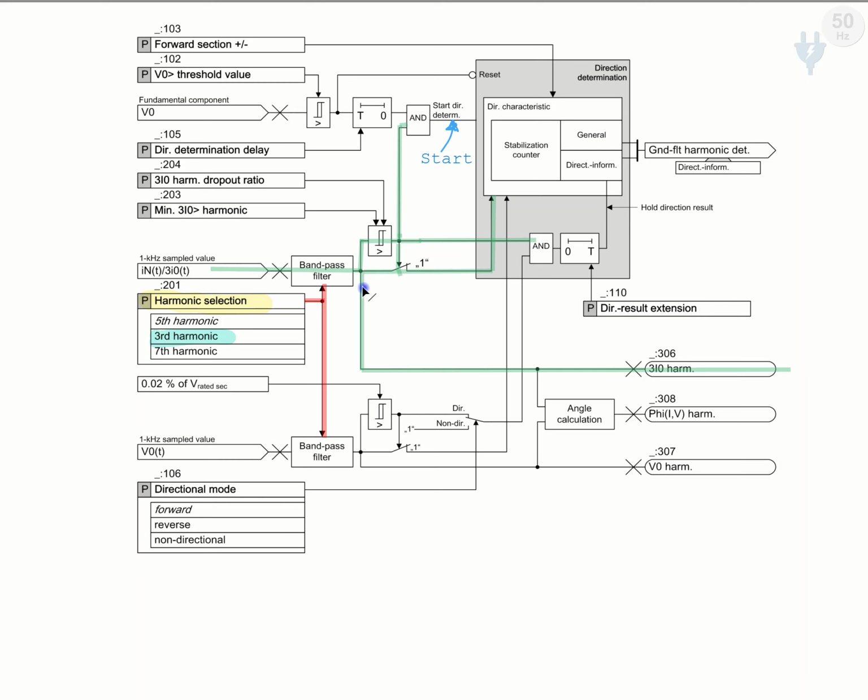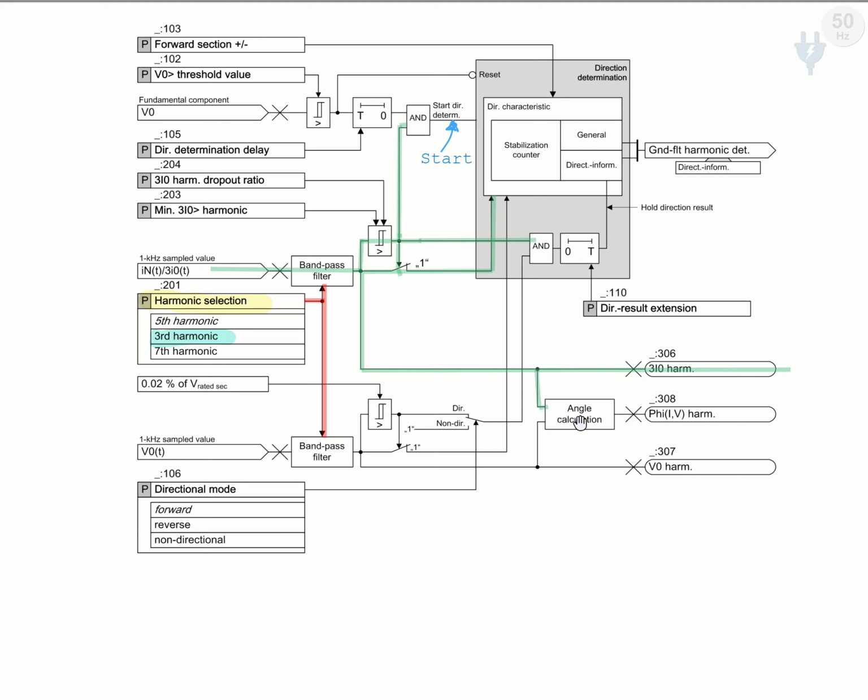It means we do not need a threshold for it; once the selected harmonic is sampled, it goes straight for the angle calculation between the zero sequence voltage and zero sequence current.